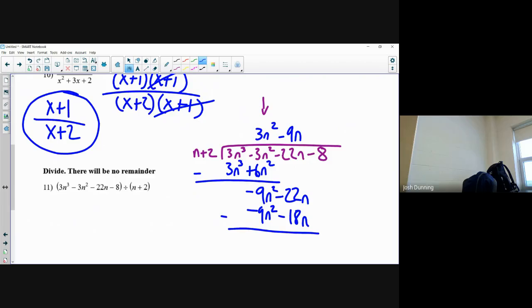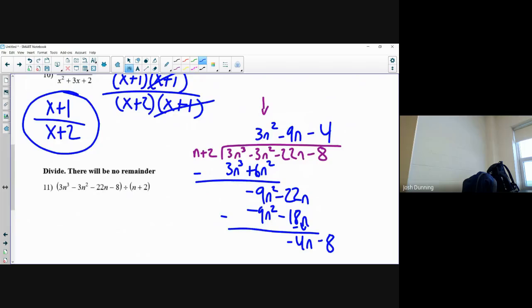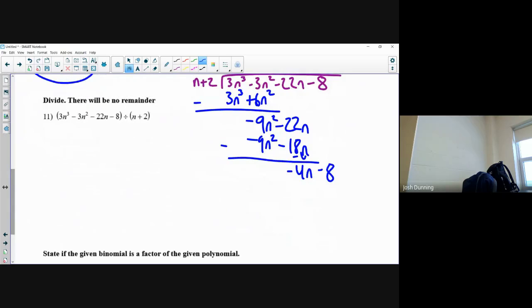Now be careful here. This time, it's minus -18, which makes it plus 18. -22 plus 18, -4. And to make those match, multiply by negative. -4 times 2, -8. Just like it says, no remainder. Nice.